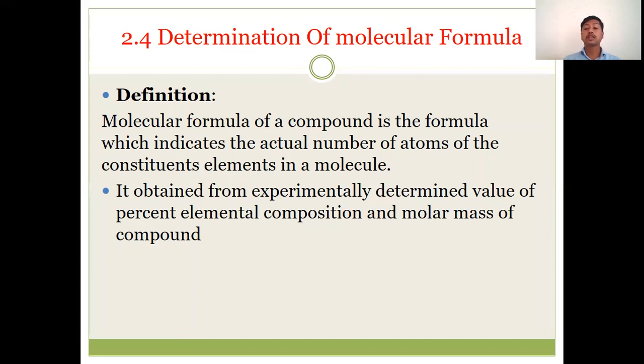Then the molar mass also indicates the molecular formula. A particular compound having a molar mass X has the number of constituent elements which are present in that particular molecule.